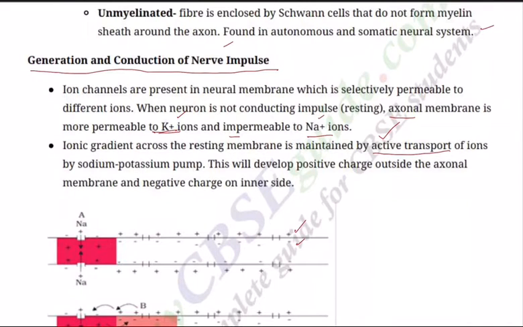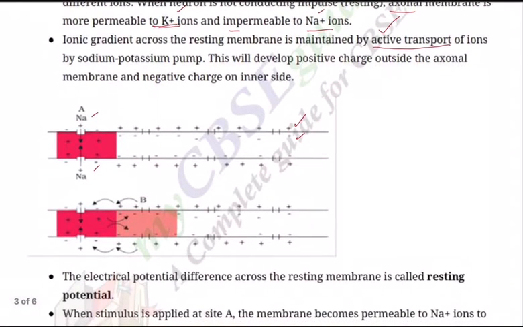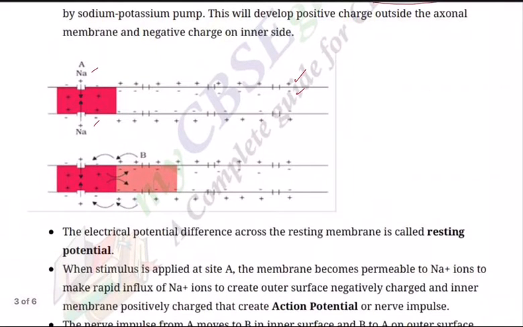You can see the minus here, and outside you can see the plus. Then there is the sodium pump, Na plus, and you can also see the movement of ions once the gradient is built up. The electrical potential difference across the resting membrane is called resting potential.